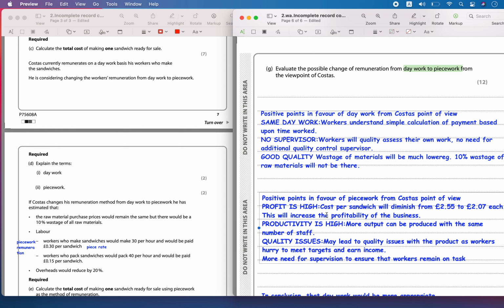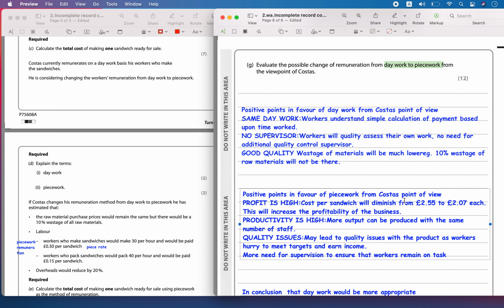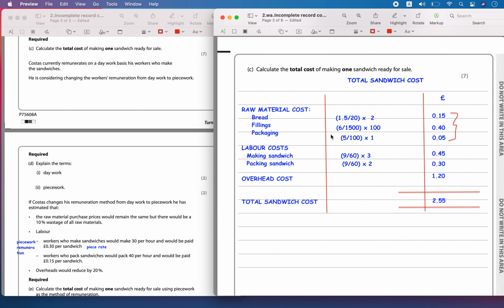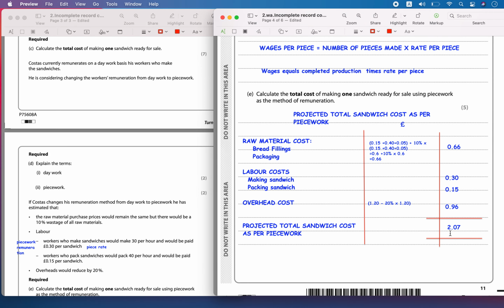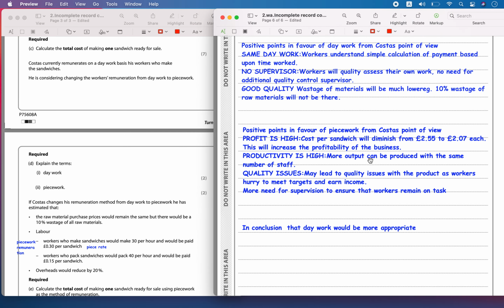But if he uses piecework, we can say that the profit will be high, from 2.55 to 2.07. The cost is going to become less, because we had already calculated, if he pays at the rate of day work, he has to pay 2.55. If he pays per sandwich piecework rate, it is 2.07. So a lot of saving and profitability. Then productivity seems to get higher.